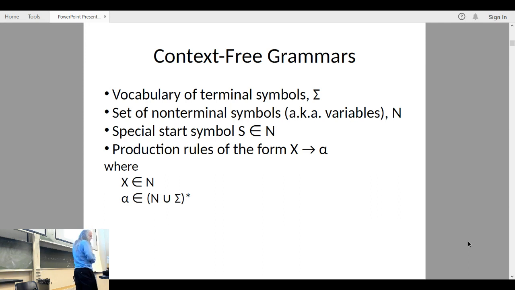And we've got a bunch of production rules where X goes to some string alpha. X is always going to be a non-terminal, and alpha is going to be some combination of non-terminals and terminals, a string of them, zero or more. Actually, I don't like having zero, but you can have zero, if you really want.